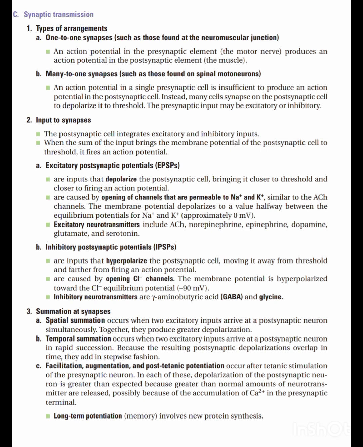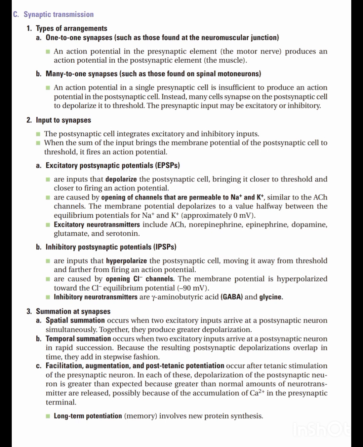And this is caused by the opening of channels that are permeable to sodium and potassium, similar to the acetylcholine channels. And the membrane potential depolarizes to a value halfway between the equilibrium potentials for sodium and potassium, approximately 0 millivolt. And what are the excitatory neurotransmitters? This includes acetylcholine, norepinephrine, epinephrine, dopamine, glutamate, and serotonin.